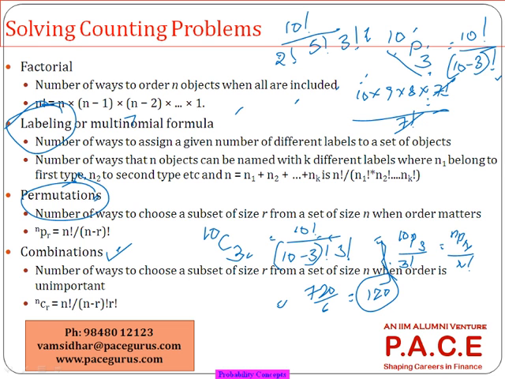And make sure that the total number of items considered will be equal to the total number of items itself. But if the group size is 1, 1, 1, we don't even prefer writing 1, 1, 1 here, because 1 factorial is always 1 itself. So in a literal sense, make sure that the summation should be equal to the total number itself.